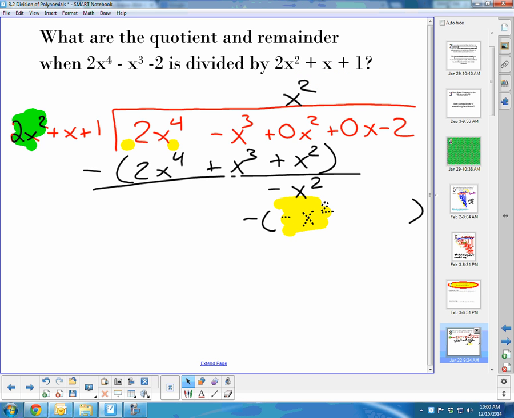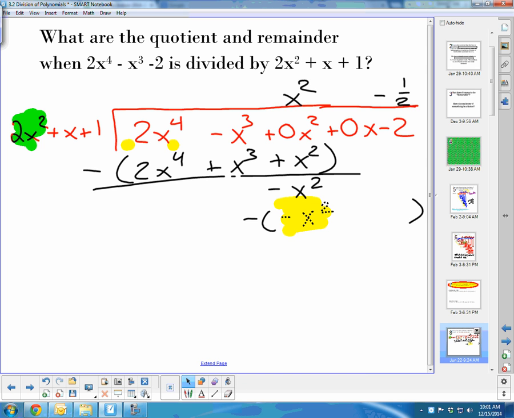Well, actually, it looks like I'm going to need a fraction. So here I'm going to have a minus 1/2 x, or not even a minus 1/2 x. It looks like I'm just going to need a negative 1/2, because that would give me too high of a degree. So I am going to multiply by minus 1/2.